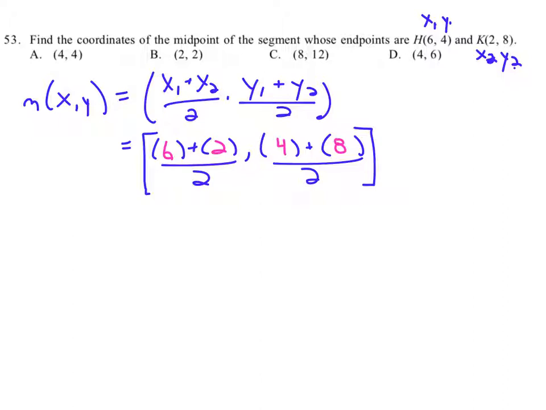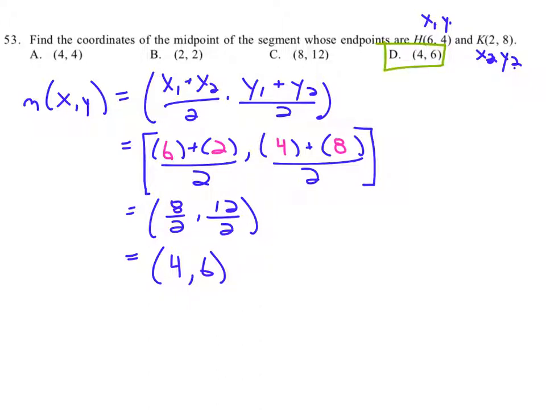So 6 plus 2 is 8, still divided by 2, comma, 4 plus 8 is 12, again divided by 2. 8 divided by 2 is 4, and 12 divided by 2 is 6, so the midpoint is at 4, comma 6. And if you look at our answer choices, that is D.